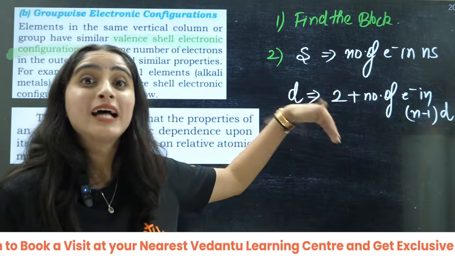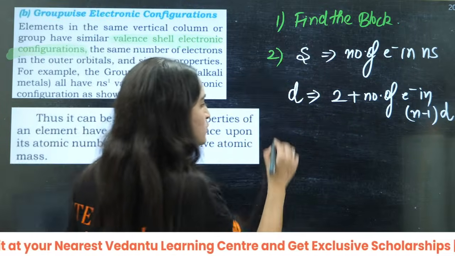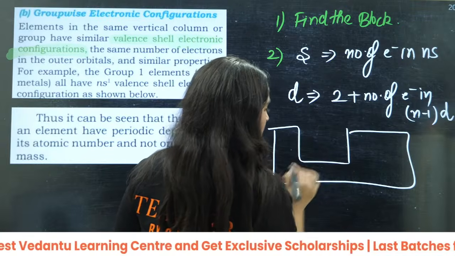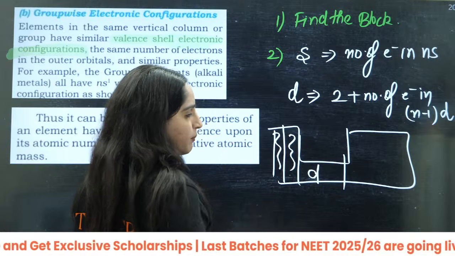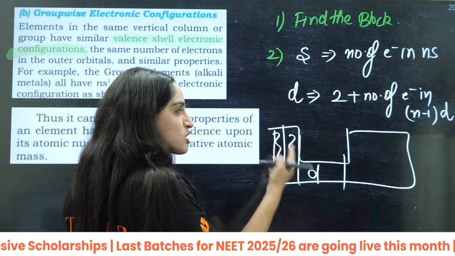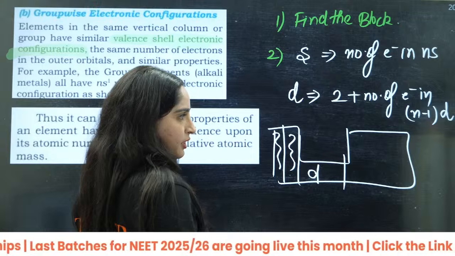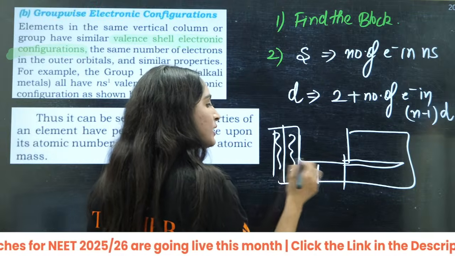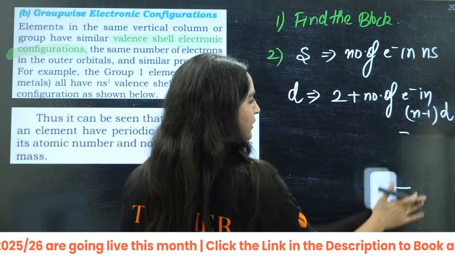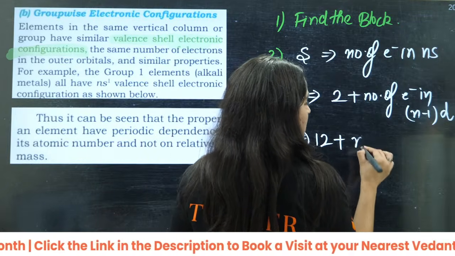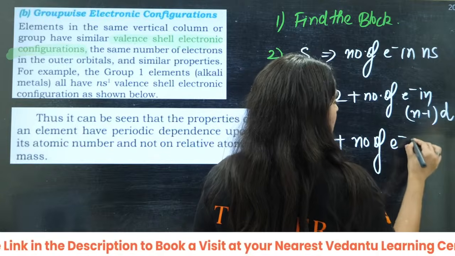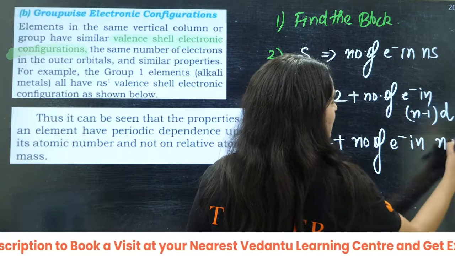That 2 is for the s block, because when you see the periodic table, 2 electrons are already filled up here. So when you are adding the d block, these will be calculated here. When you are talking about the p block, the electrons of d are calculated here, right? So for p, you have 12 plus the number of electrons in the np subshell.